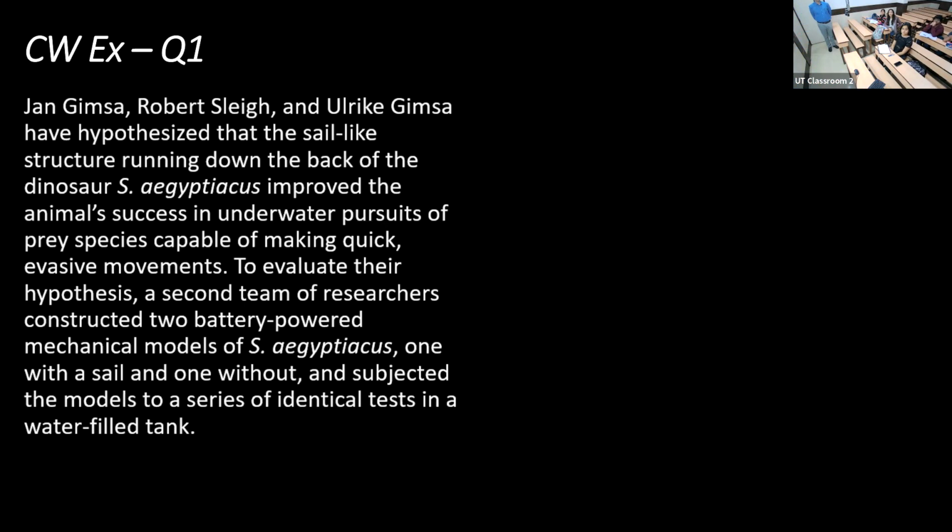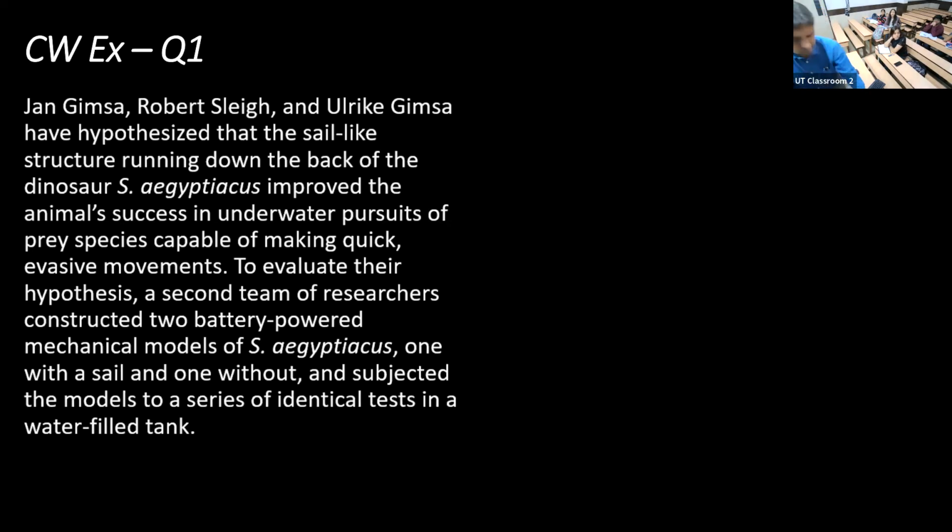Jan Gibson, Robert Slade, and Rick Gibson have hypothesized that the tail-like structure running down the back of the dinosaur is some dinosaur, which is S. Okay, improve the animal's fitness in underwater pursuits of prey, species capable of making quick, evasive movement.